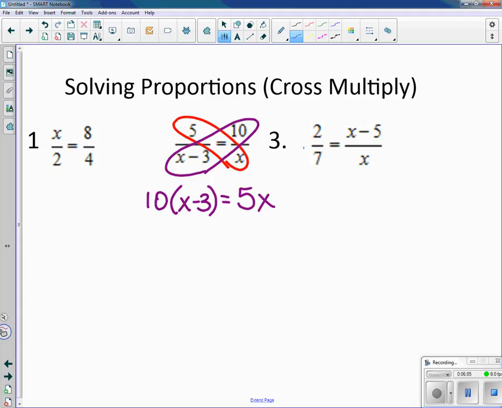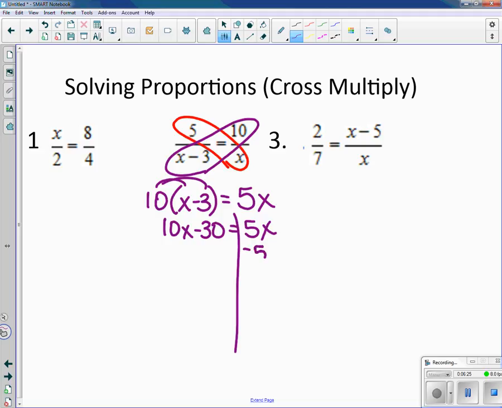Now, we're going to distribute. When you distribute, you get 10x minus 30 equals 5x. Now, I bring all my variables to the left, which is what I do.